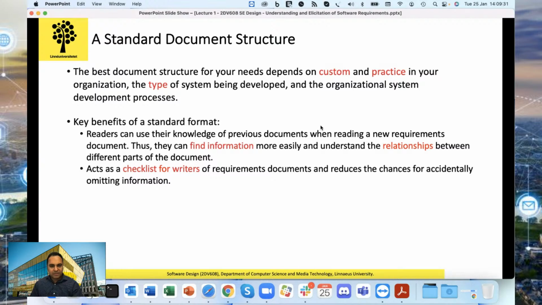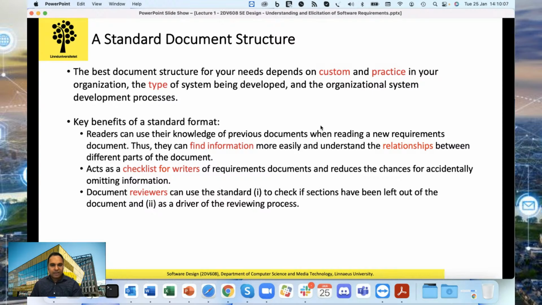There are other benefits for a good requirements document. For example, it works as a checklist. If you have a standard, you can follow that standard, and this standard works as a checklist when you are writing your requirements documents. I think I have an example in the next couple of slides of what a standard requirements document looks like.